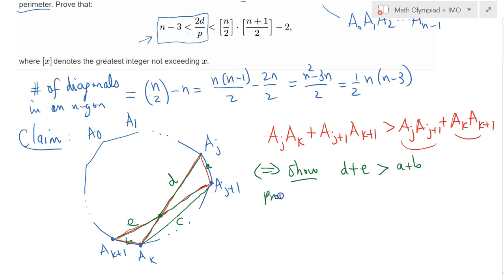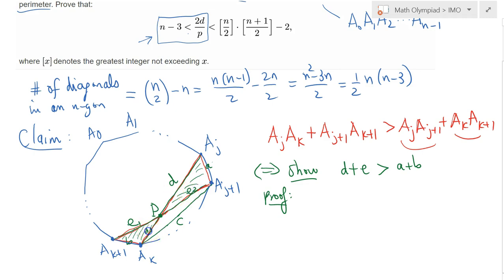The proof is quite easy actually. The main idea is to apply the triangle inequality twice, once in this triangle and once in that triangle. Before we can do so though, we might need to split D and E into two parts. Let's call this one E1 and this part E2.